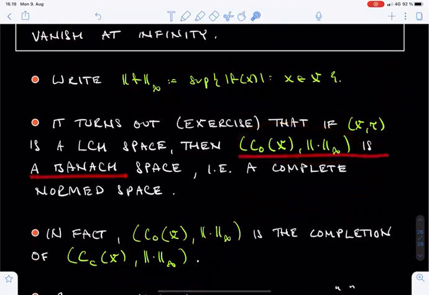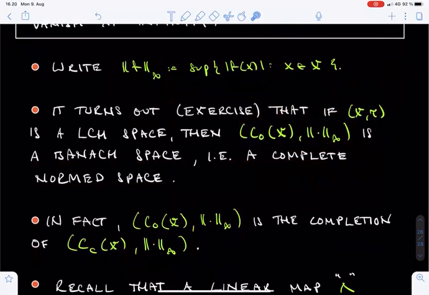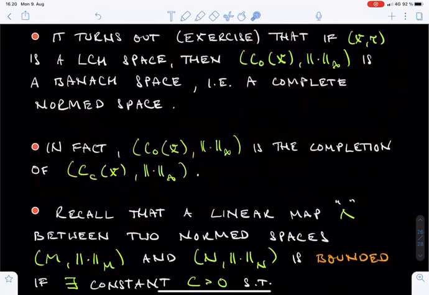Actually, it even turns out that this couple is a Banach space, that is, a complete normed space. We leave this as an exercise. There is a clear relationship between the spaces C0 of X and Cc of X, which will be part of the same exercise. Namely, the space C0 of X is the completion of the space Cc of X coupled with the sup norm.